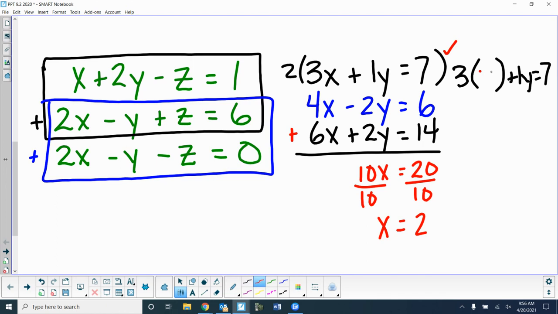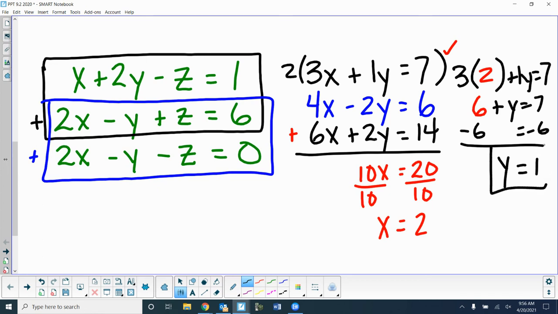And I'm putting the 2 there, which is 6. Plus y equals 7. Subtract the 6. So y is 1. So we got that. Oops, wrong color. And that.